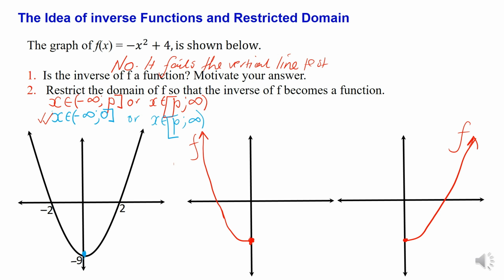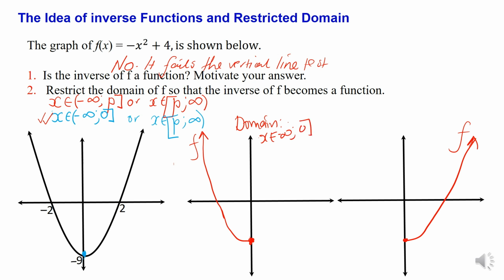So in the first one, if I want to say, what is the domain here? The graph starts from negative infinity, on the left, and it ends at 0.